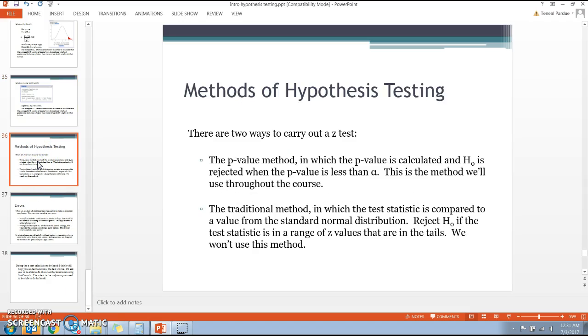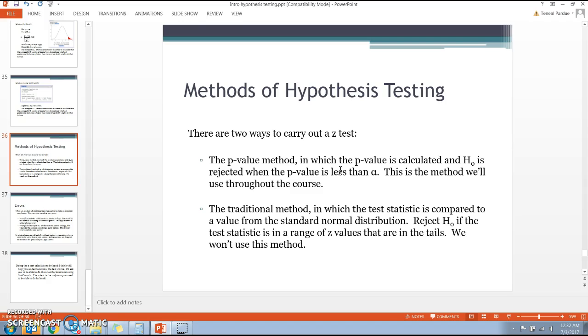So you may be wondering what the test statistic is good for. We're using the test statistic as a step on the way to getting the p-value. There is another way you can do the hypothesis test, where you compare the test statistic to a given value from the standard normal distribution.